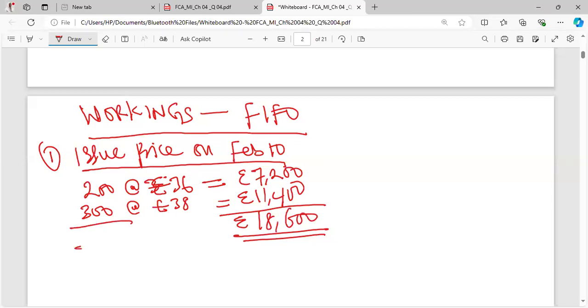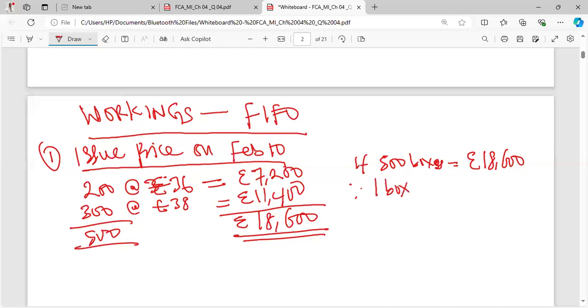And this is 500. If 500 boxes is equal to 18,600 pounds, therefore one box will be equal to 18,600 divided by 500.